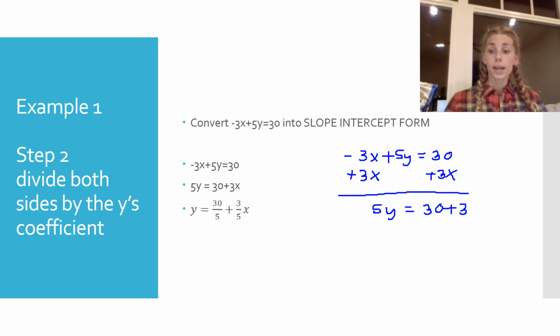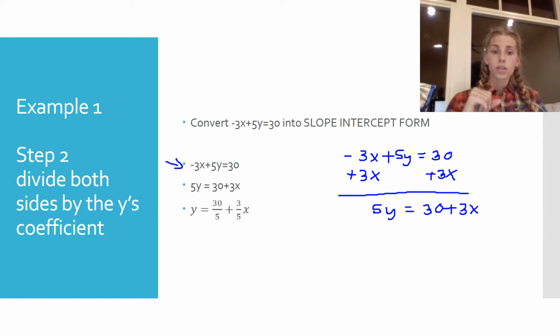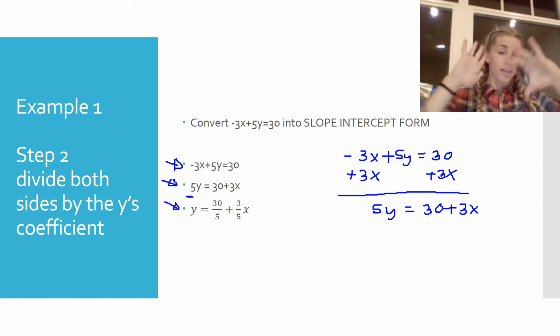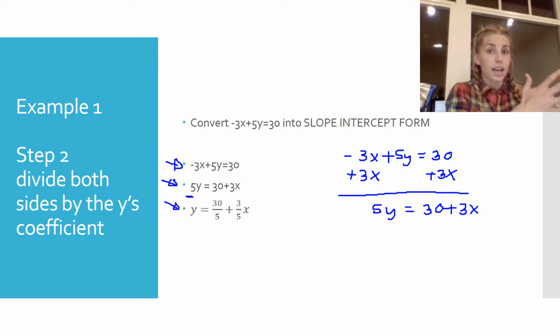I'm just rewriting this because it didn't copy from my other slide. So here we are. We started with the equation that looked like this. Then we added a 3x to both sides. So the next step is to divide both sides by the coefficient of y. Well, the coefficient of y is this 5. I want to divide everything on the left-hand side by 5, everything on the right-hand side by 5.